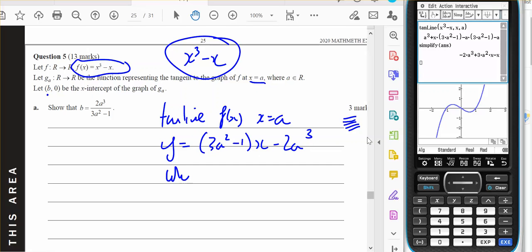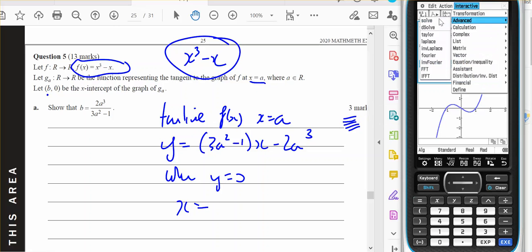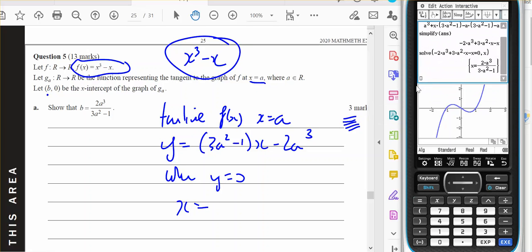And when y equals 0, solve for x, x equals 2a cubed on 3a squared minus 1.